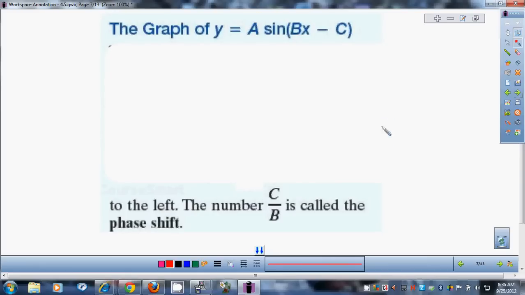So, you're going to need to know this. The phase shift of any sine or cosine function is given by that formula, C over B, where C is the number being added or subtracted to our x.